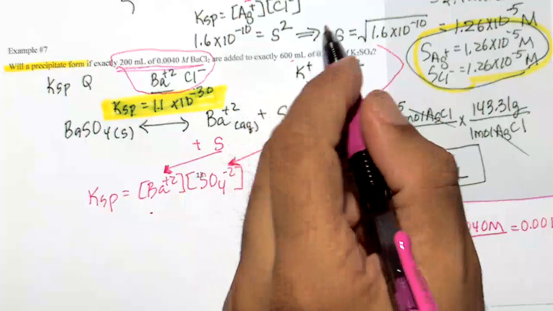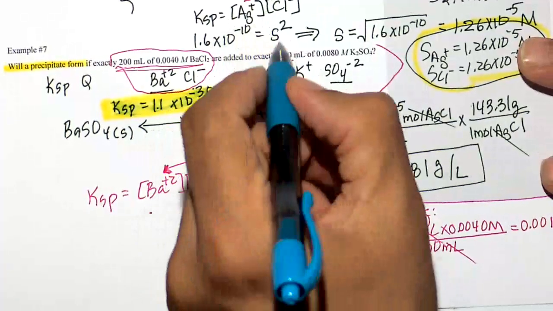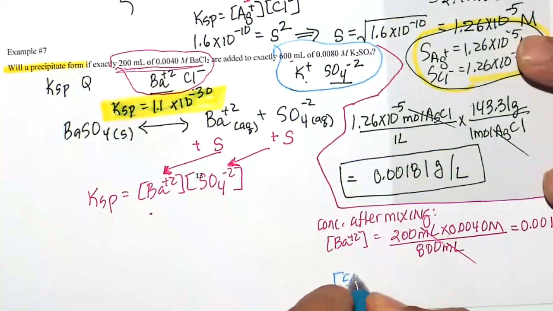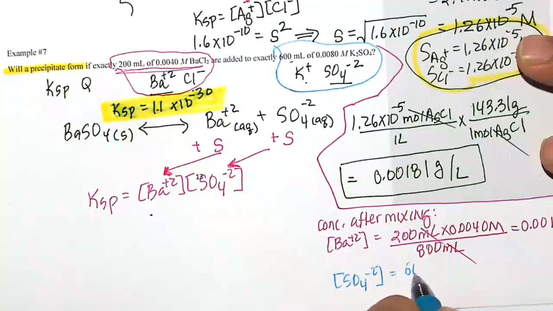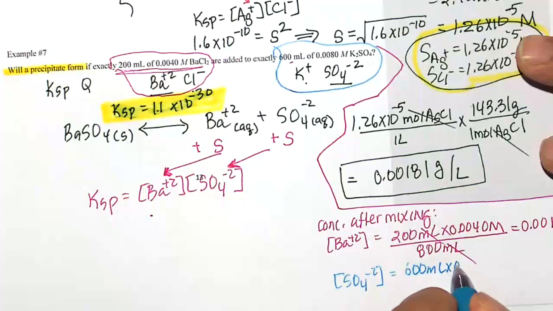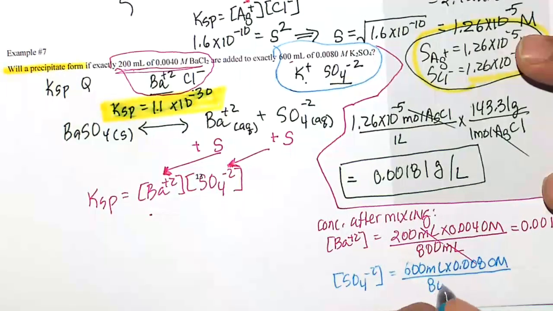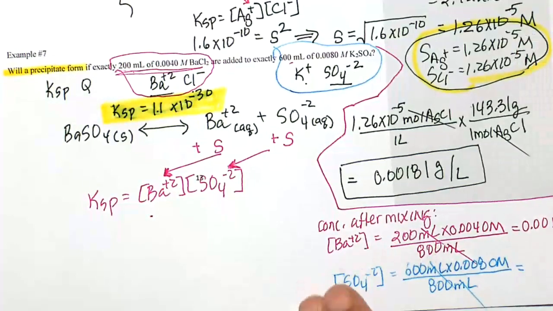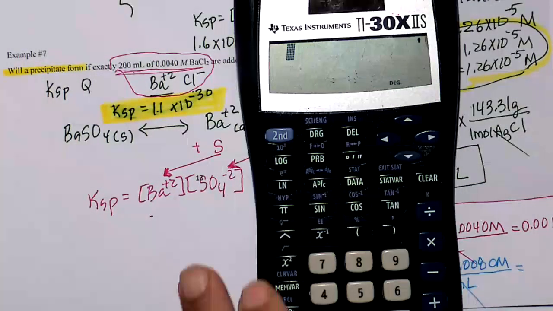Now let's figure out the concentration of SO4 minus 2. This is going to be 600 mL times 0.0080 M divided by 800 mL. The mLs cancel. What's 600 times 0.008?